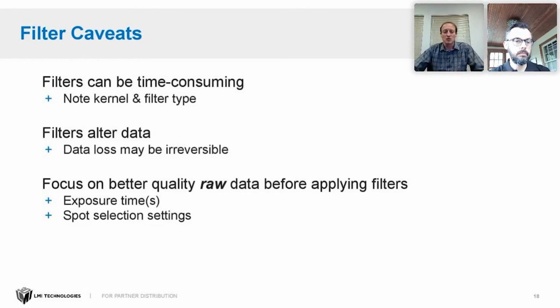There's a lot of things you can do with the exposure settings, potentially using multiple exposure times or your spot selection settings to get better data to start with. So, rather than resorting to filters as the first step, rather than going filter happy, work on getting better quality raw data.